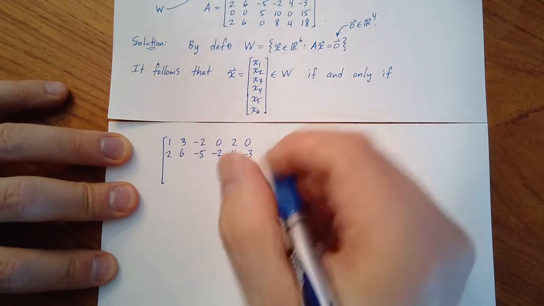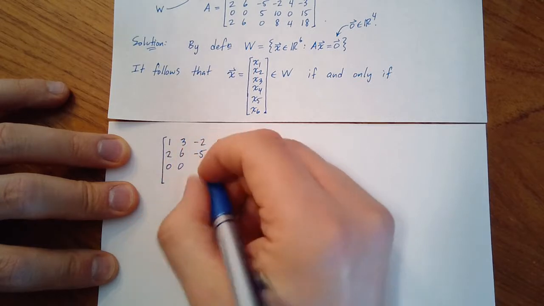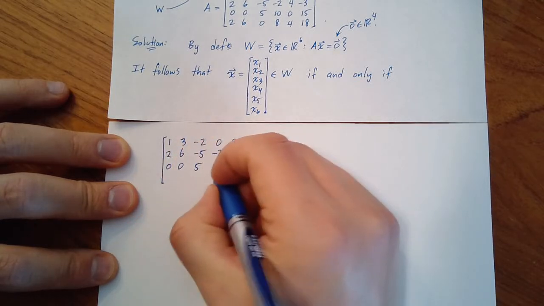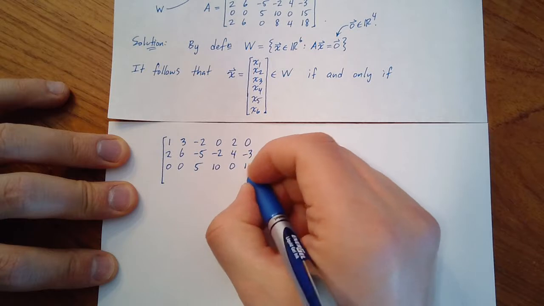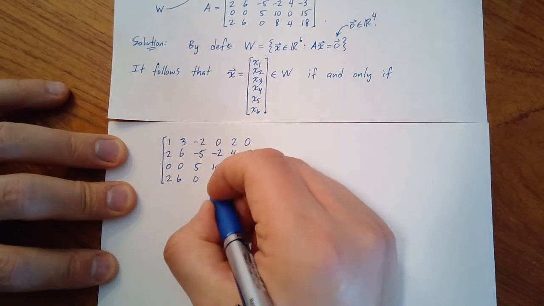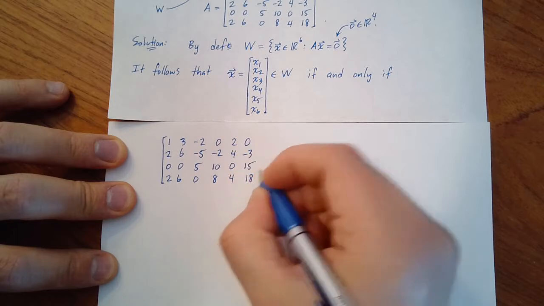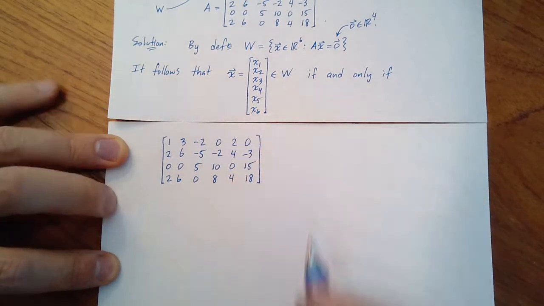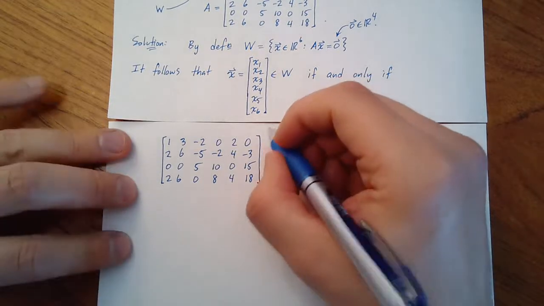I want to have this all laid out in front of us. So this is just a copy of the matrix A. And the last row is 2, 6, 0, 8, 4, 18. And now I'm going to multiply it by the vector x on the right.